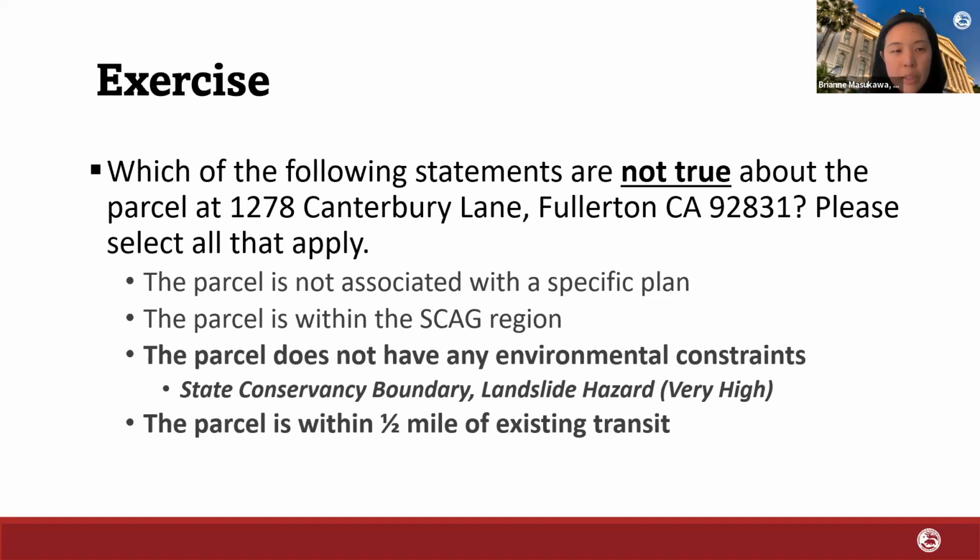It's located within the state conservancy boundary and the landslide hazard. And it is also not within half a mile of existing transit. So I can go over really quickly if anyone wants further explanation on that, but those are the answers.